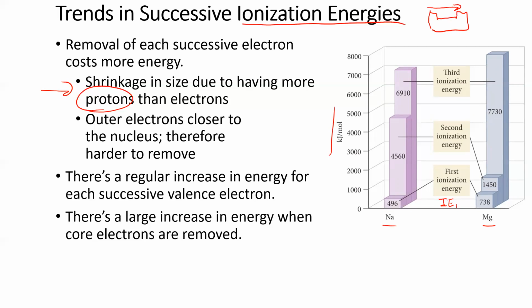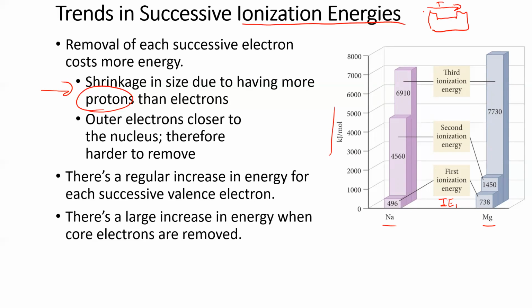Well, why? As I go from left to right, the electrons are in the same principal quantum number or energy level, but my Z effective charge goes up. The number of protons increases, and so my Z effective charge increases as I go left to right.